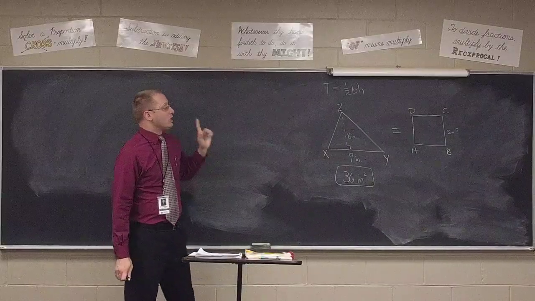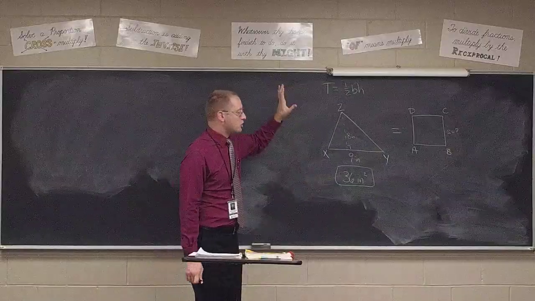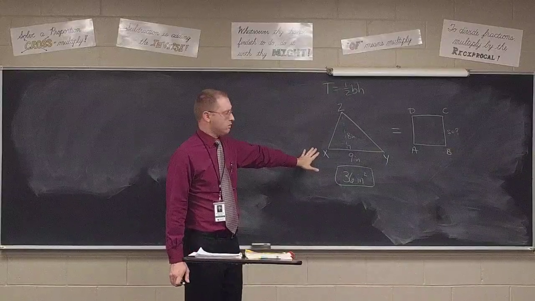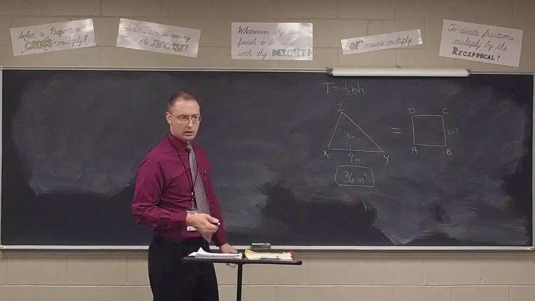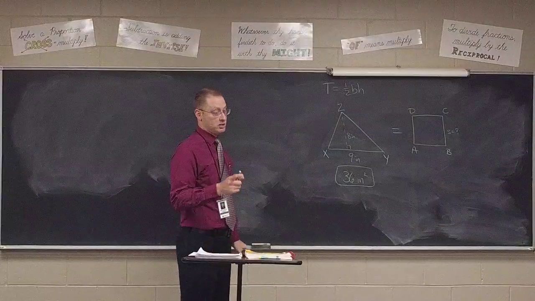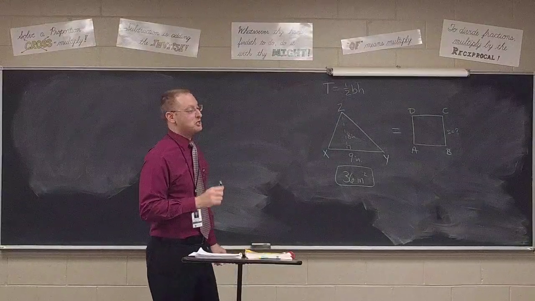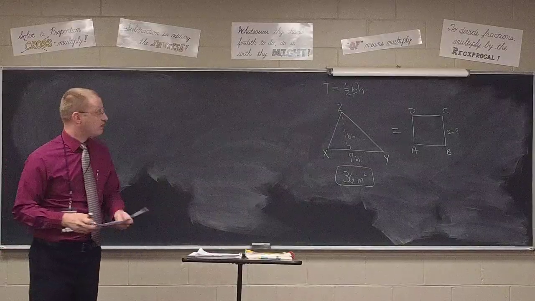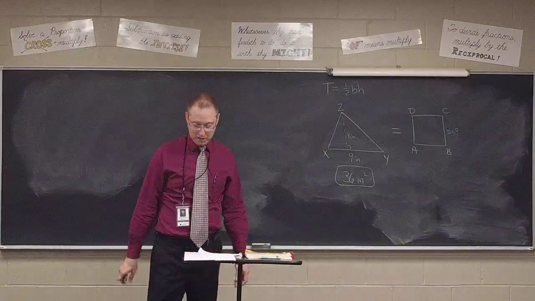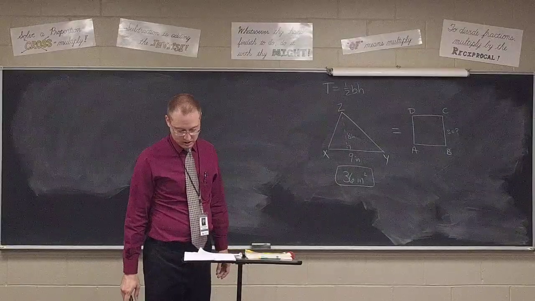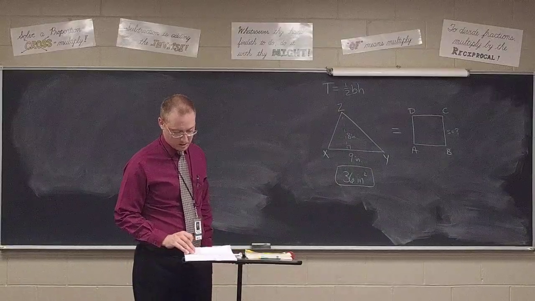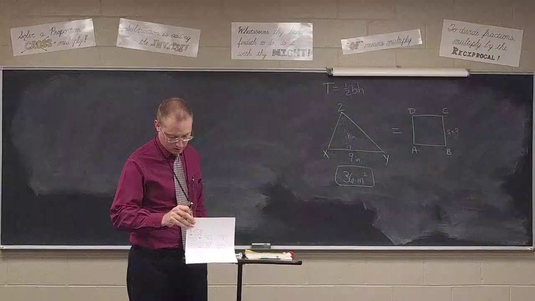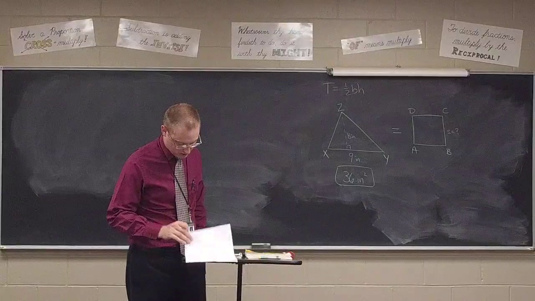Good. Now, Genesis, that's the triangle's area. What do we know about the square? Well, we do know it's a square. There's something else we know about the square. The very first line of the problem says triangle ABC equals square ABCD. Oh, sorry, that should say XYZ.